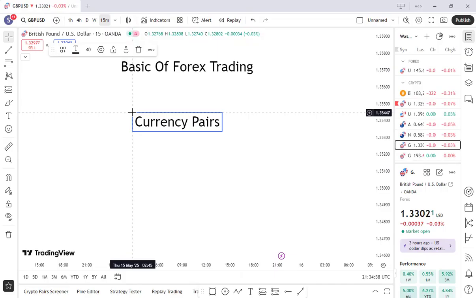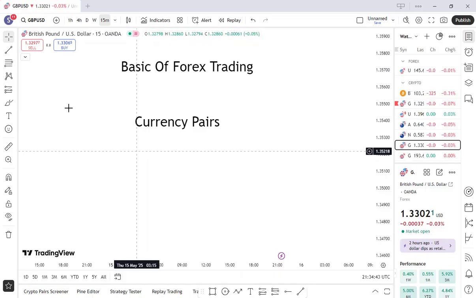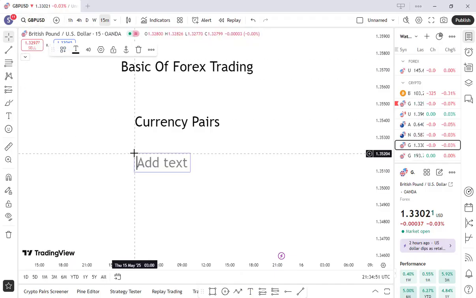For the currency pairs, for example, we'll be talking about EUR/USD, GBP/USD. This is what I have here on my chart: EUR/USD, GBP/USD, and then some more.